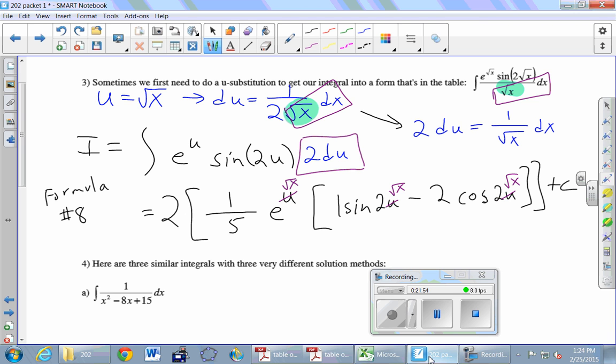Yeah, just another parentheses. Any questions on that one? 1 times sine. I just put the 1 in so we would see that was the A. Questions?